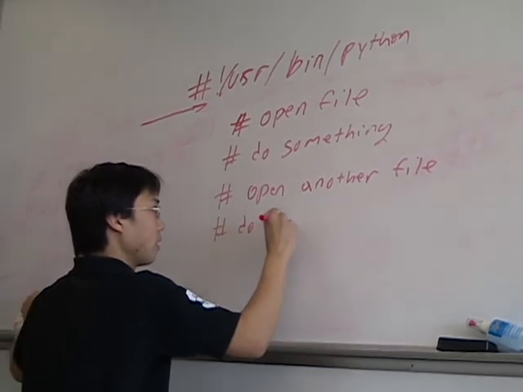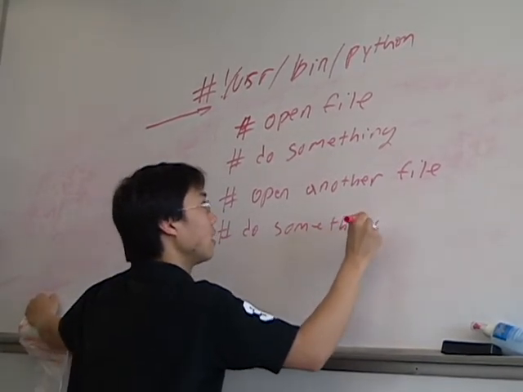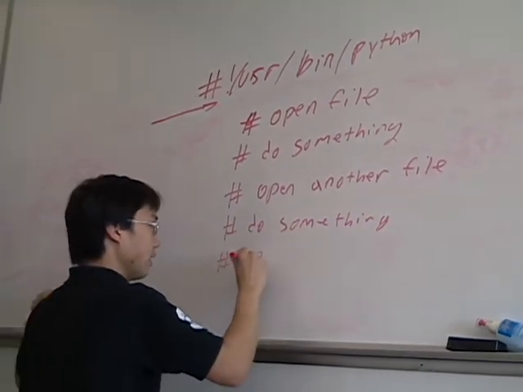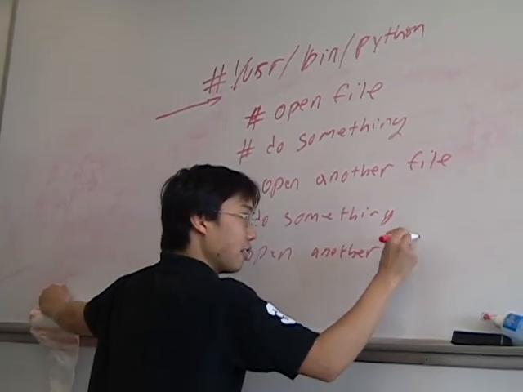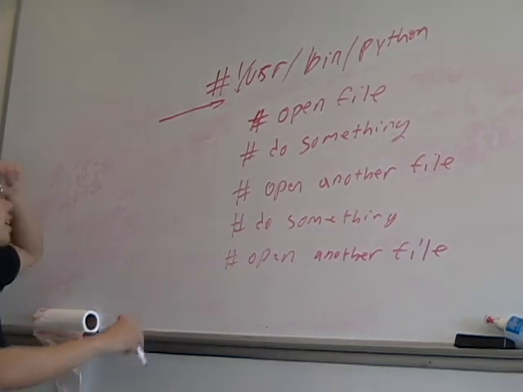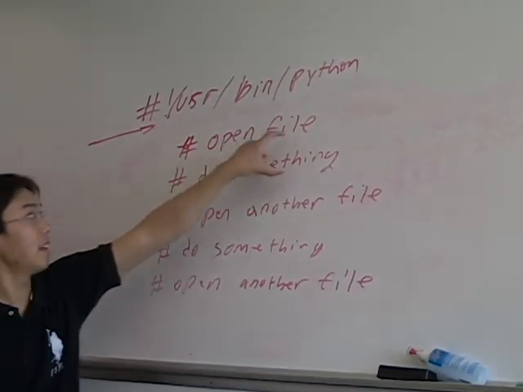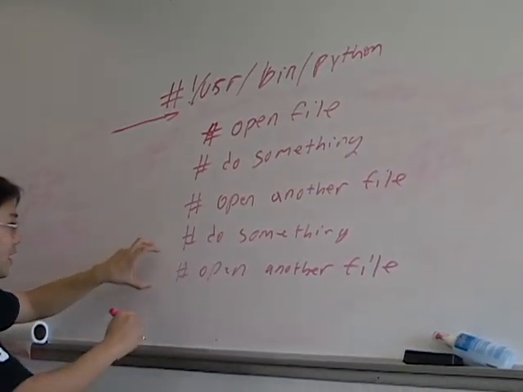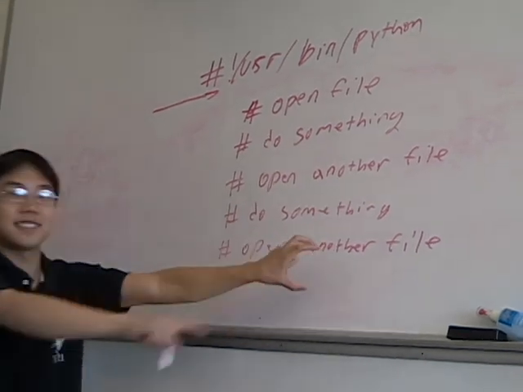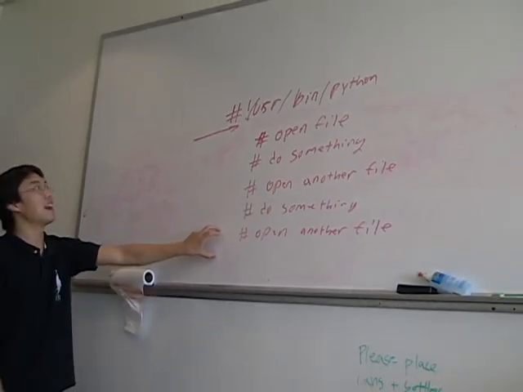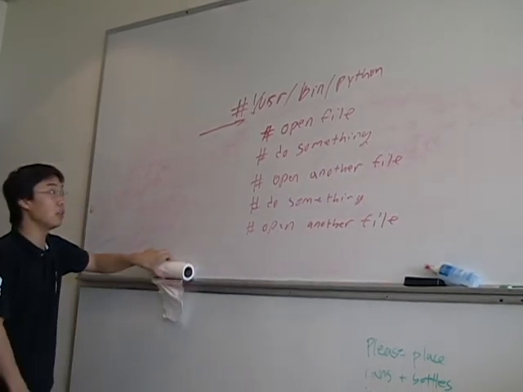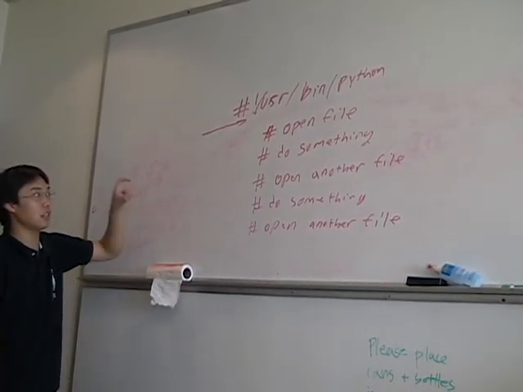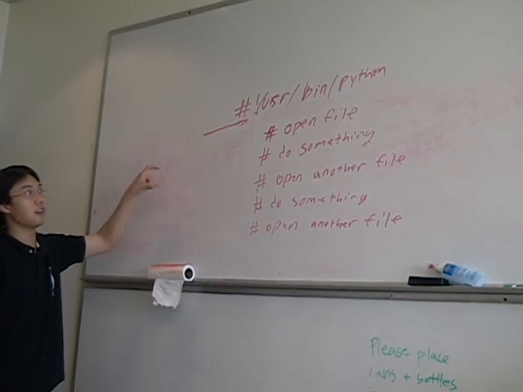Do something. And then I'll open another file. Now if you're Eric, you would copy, paste, copy, paste. And that's pretty bad. So the general rule is if you're going to do something more than once, make a function out of it.